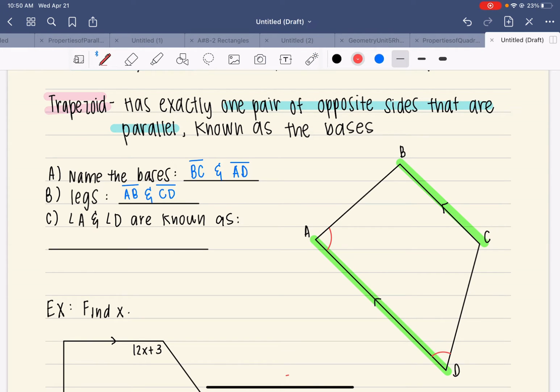This is known as a base angle pair. All right. So if I was talking about angle B and angle A, because those aren't on the same base, they're not on the same parallel line, these are not known as a base angle pair, okay?